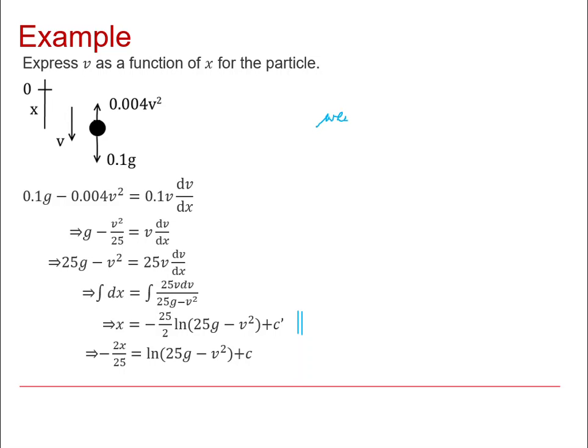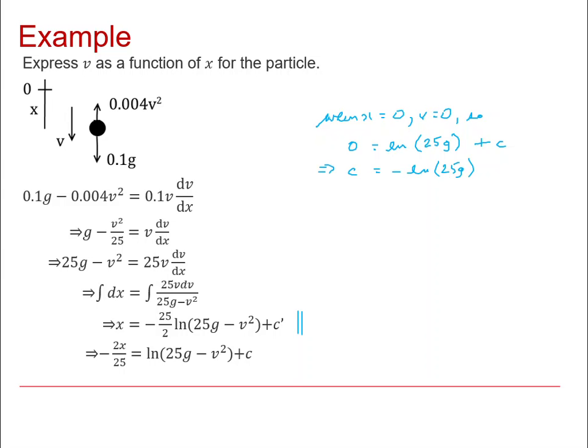So we know that when x equals 0, v equals 0, it starts from rest. So from that we can see that 0 is equal to log 25g plus the constant. So the constant is just minus log 25g.